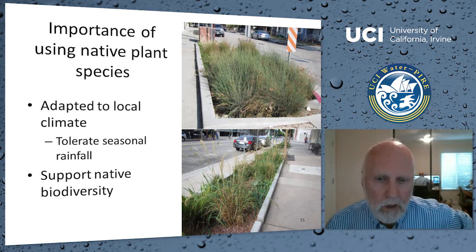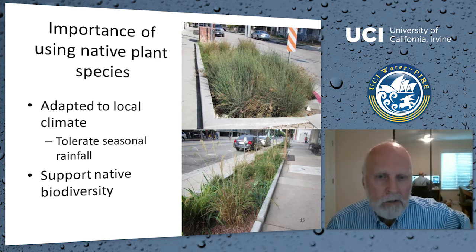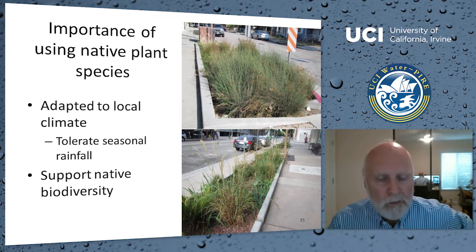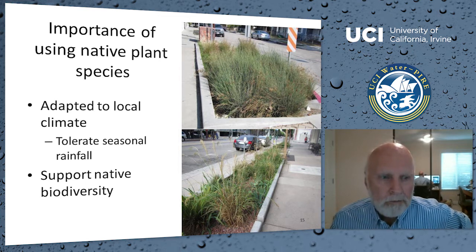And so it's not that non-natives can't provide ecosystem services or provide some biodiversity support, but we get better benefits if they're native plant species. We get better biodiversity benefits in terms of providing habitat for native species.